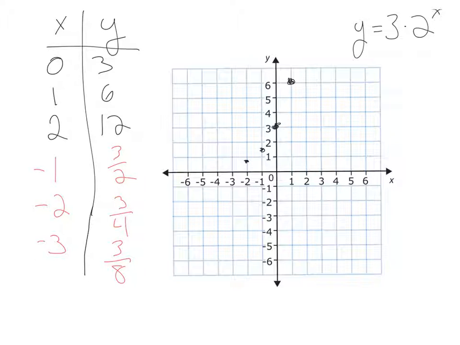Negative 3 is 3/8. Now we're less than half. Close to, but less than half. So right down here. And you can see the shape that this thing is starting to make. You're going to end up with a line down here that curves up and then increases exponentially. So that gives you an idea of how to plug in and how to graph an exponential function.